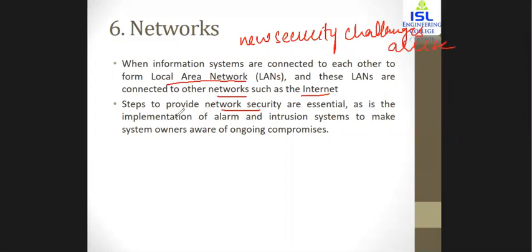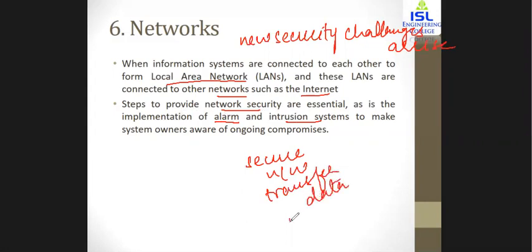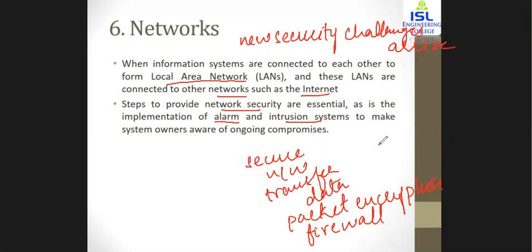Now in here, you need to have an implementation system for alarm and intrusion, because if suppose you're not using a secure network to transfer the data, you do not have packet encryption, or you do not have a firewall in place, there are different attacks that can occur on this particular system.